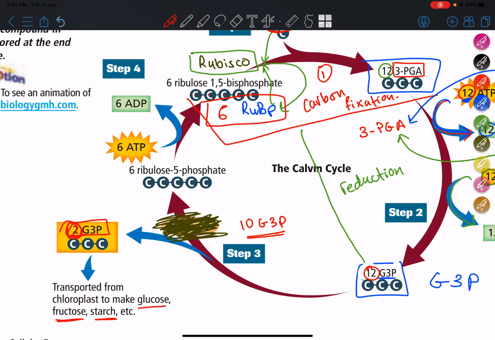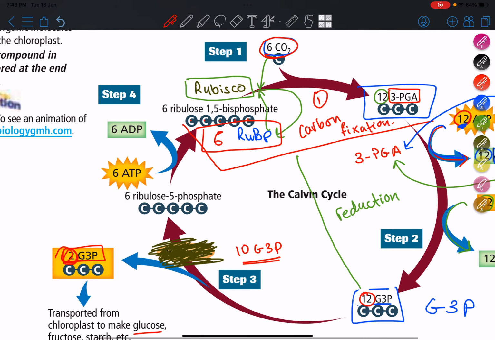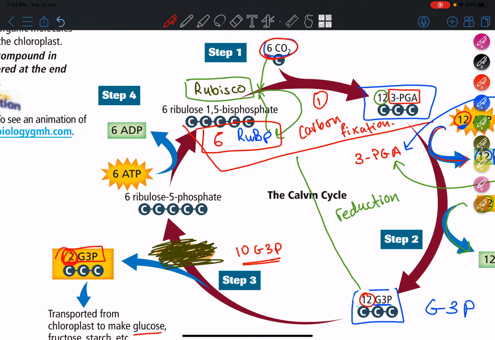So the remaining 10 molecules. Okay, so this step, all right, one second. This was not explained in the book, I will explain it.